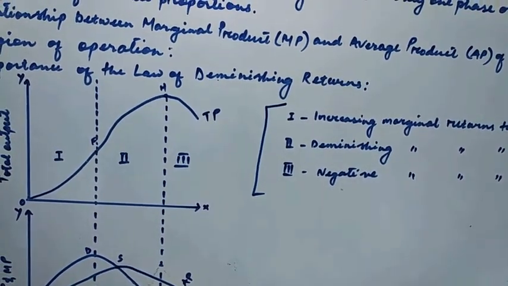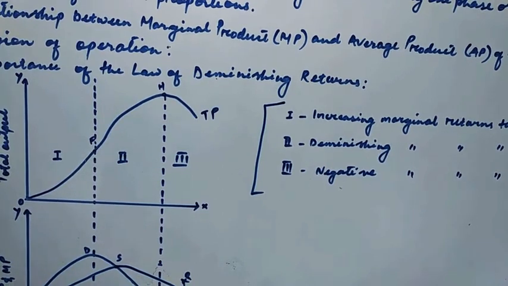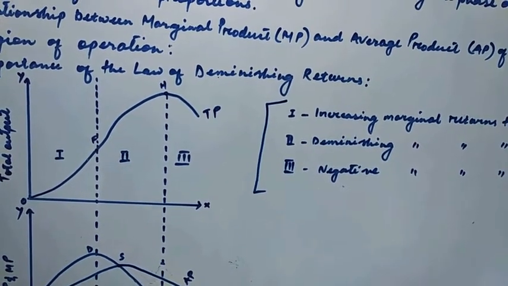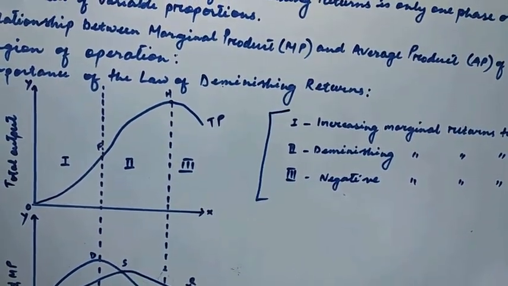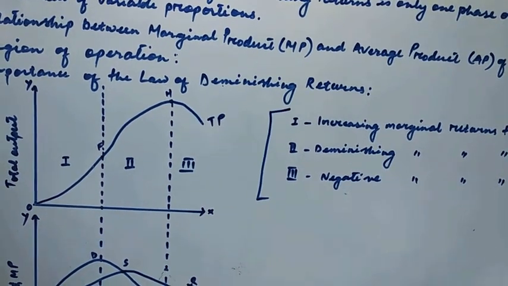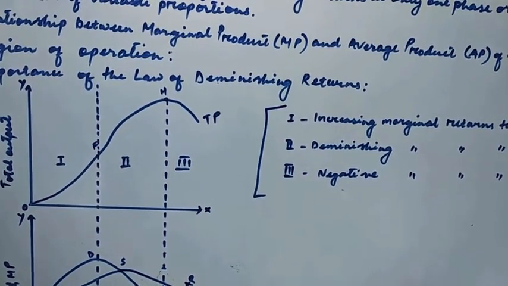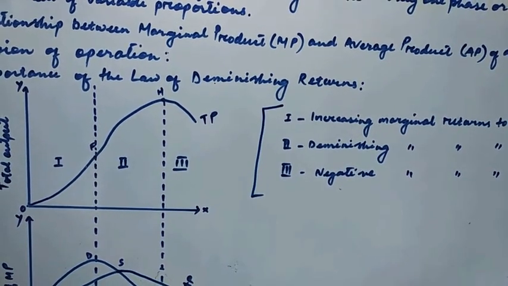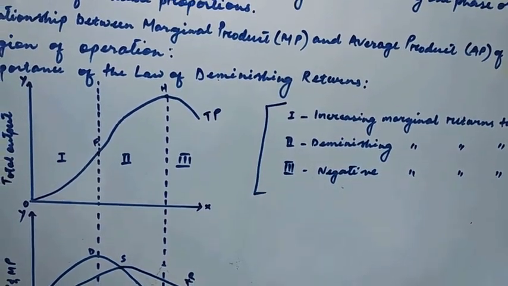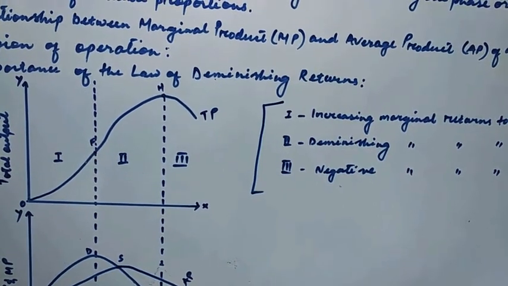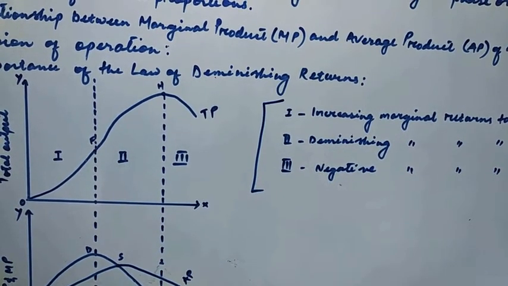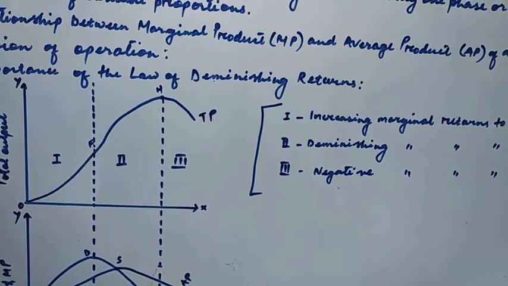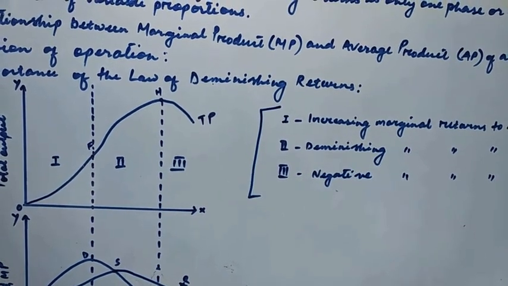To predict such a gloomy prospect for the future of mankind on the basis of the law of diminishing returns is wholly incorrect. We should not make this gloomy projection for our future without taking into consideration technological progress and capital accumulation in agriculture.